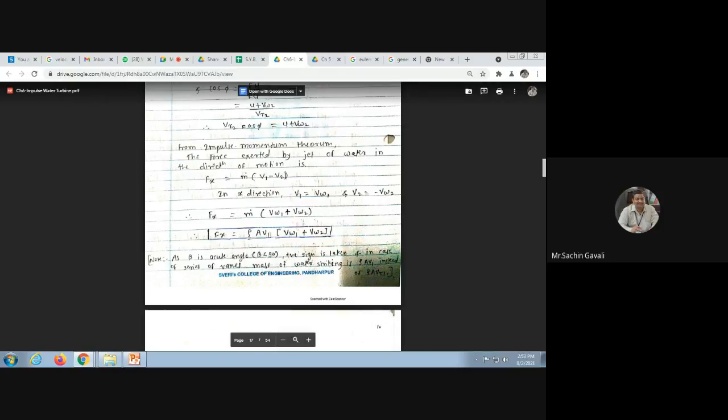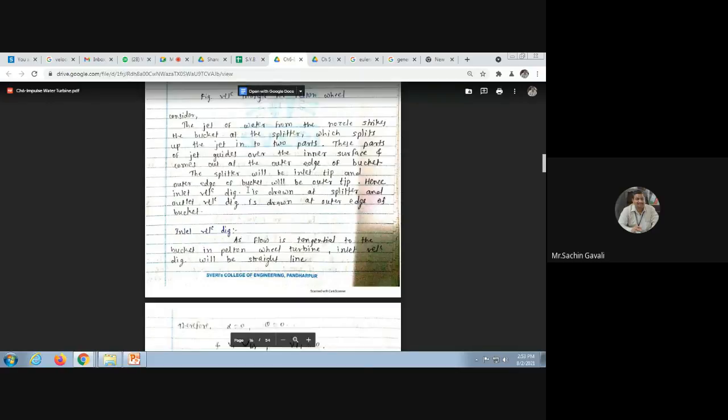Now, what momentum will we get? The force exerted by the jet of water in the direction of motion, Fx, is equal to the rate of change of momentum, which is m, the mass flow rate of water striking the blade, into V1 minus V2.